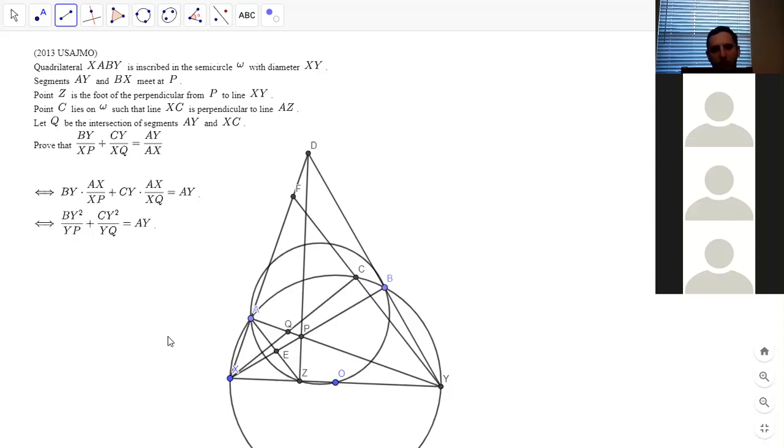So maybe we can think of a way to calculate AY. Could it be, because AY is AP plus PY, that each of them is equal to a different one of these? Is it true that AP times PY is BY squared? I would be surprised, but.